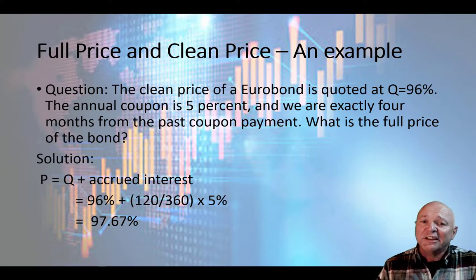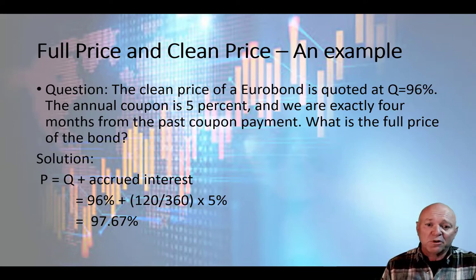Here, if we have the clean price of a euro bond quoted at 96%, Q is equal to 96. The coupon rate is 5%, and we're actually 4 months past the coupon payment. So what is the full price of the bond? Well, the price is equal to the quoted price plus accrued interest. 96 was the quoted price.